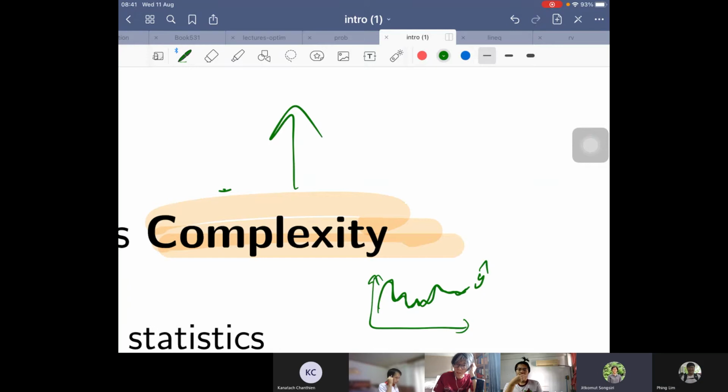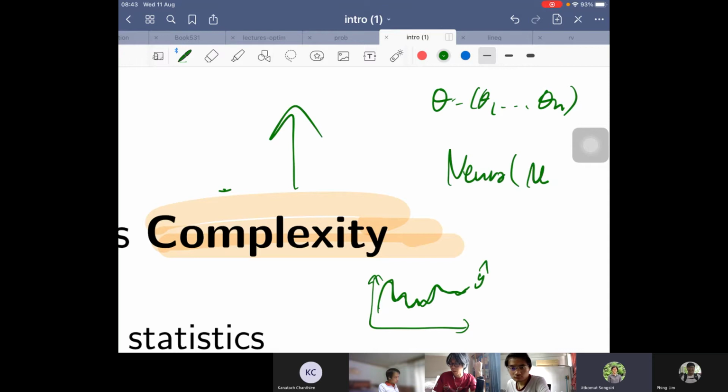Let me remind you that a model is complex when it has more parameters. Can someone give me a sense of how many parameters would be in a neural network? Someone has experience in this type of model?